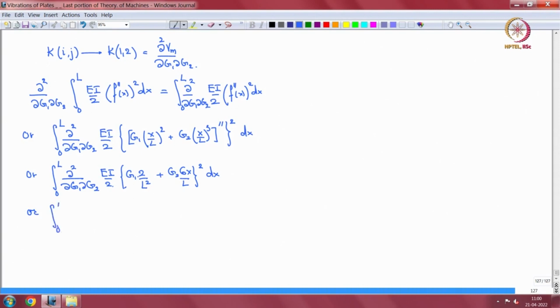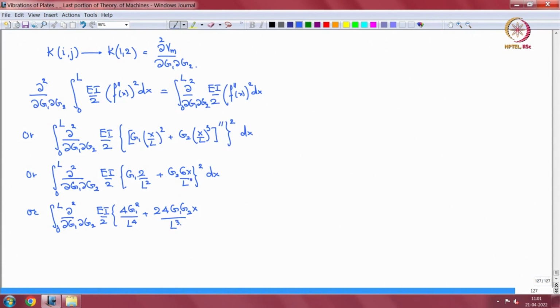Okay, so this ends up as integral 0 to L del 2 by del G1 del G2 of EI by 2 times 4 G1 square by L fourth plus 24 G1 G2 x by L cube. Not L, something got missed.